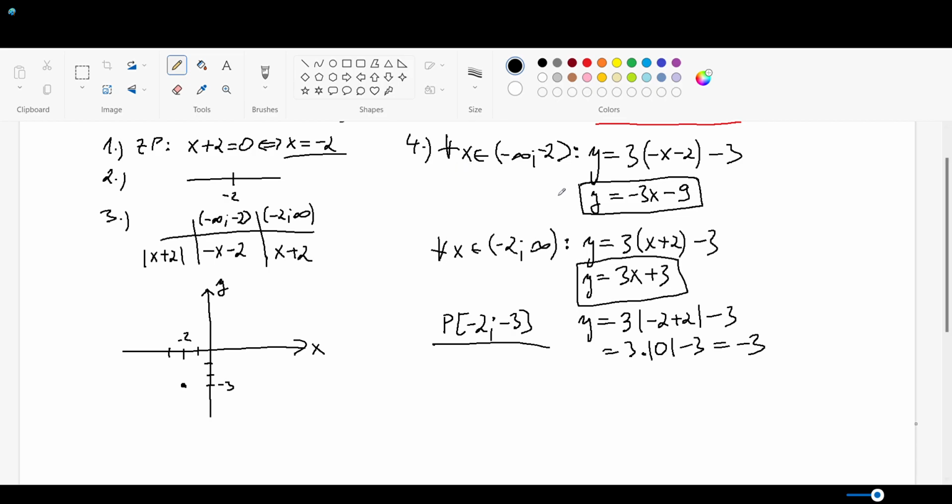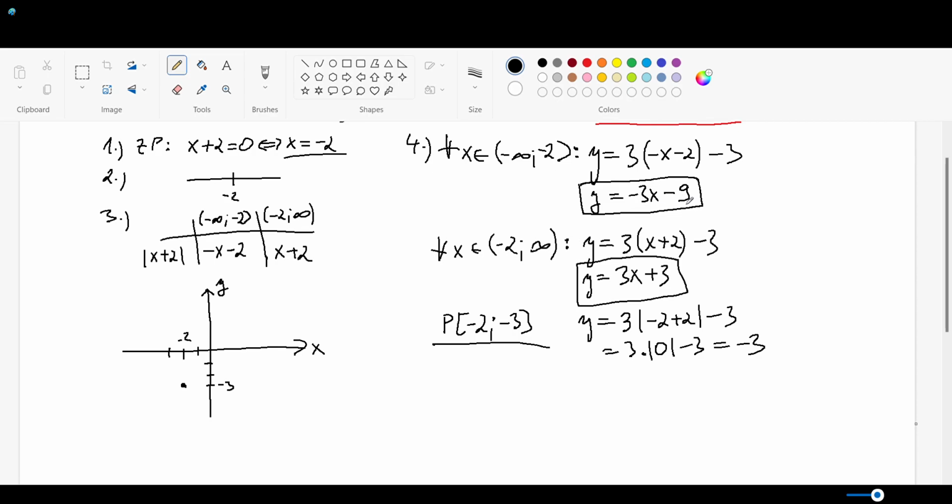Okay, so let's find how the rest of our graph is behaving, and let's sketch first this function, which is defined now on this interval, which basically says what is the domain of this function.